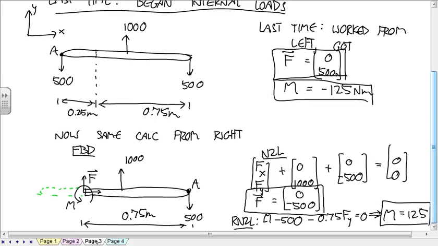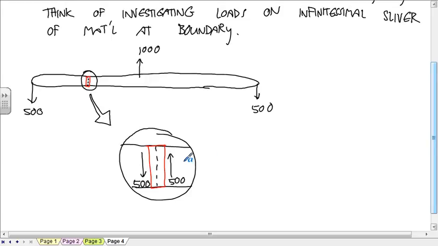And if you look at the couples, when we isolated the left side, we had a moment that was clockwise, something going this direction. And when we investigated isolating the right side, we had something like that.